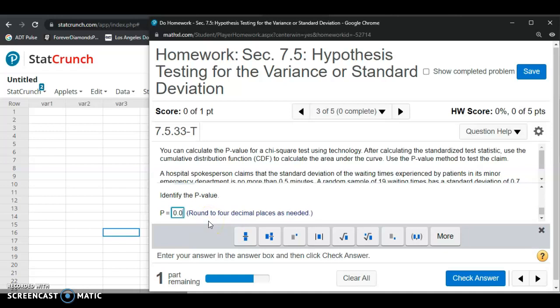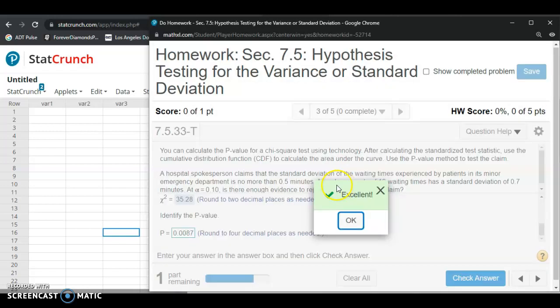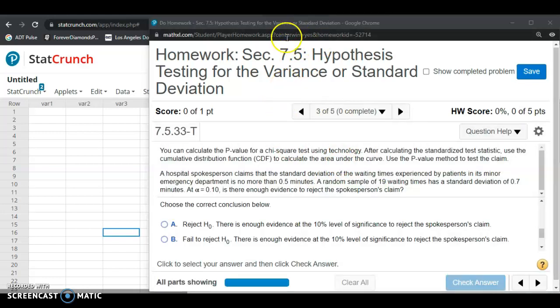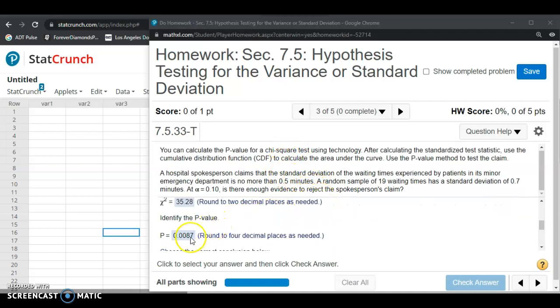So 0.0087 rounded to 4 decimal places. Okay, so our p-value 0.0087 is clearly less than the 0.10, our significance level.